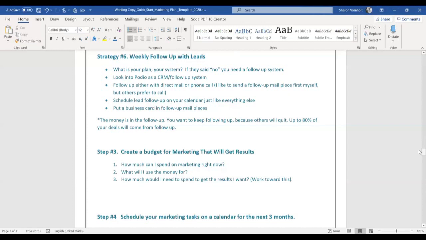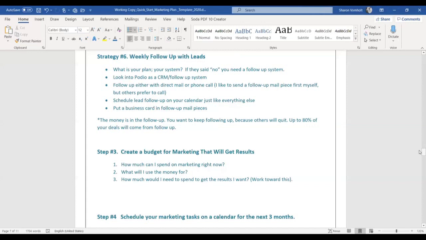But spend your money wisely. I don't recommend that you go right out and decide to do pay-per-click or 10,000 mail pieces and blow your whole budget. Start with an amount, especially if we're talking about direct mail.